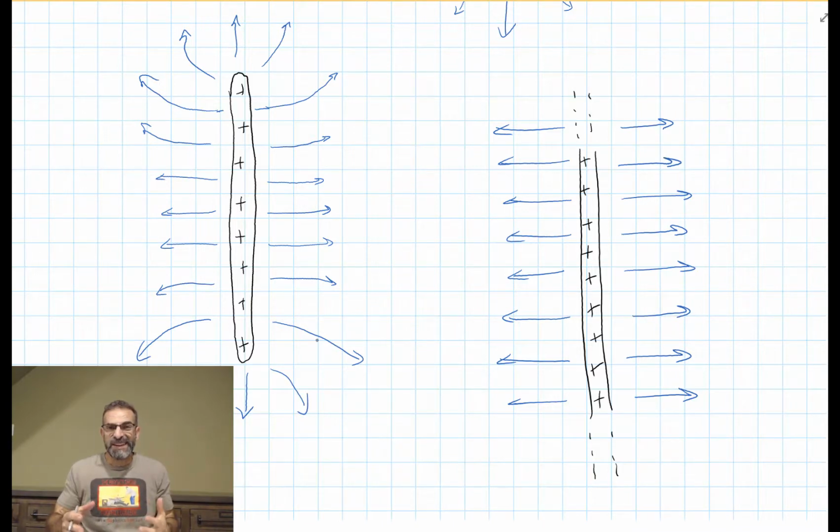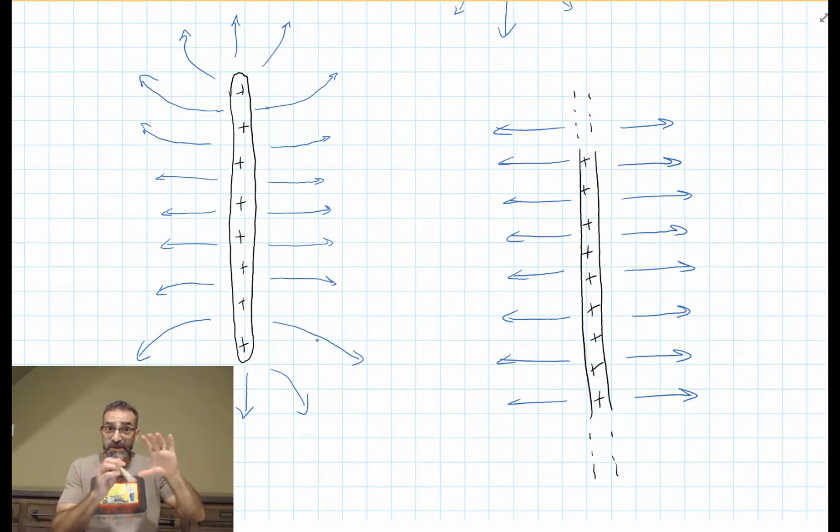Oftentimes students will say, well, why do we learn about solving for the electric field next to an infinite rod or an infinite sheet? There's no such thing. But really, it's not a bad approximation, because if we have a long rod, it doesn't have to be infinitely long.